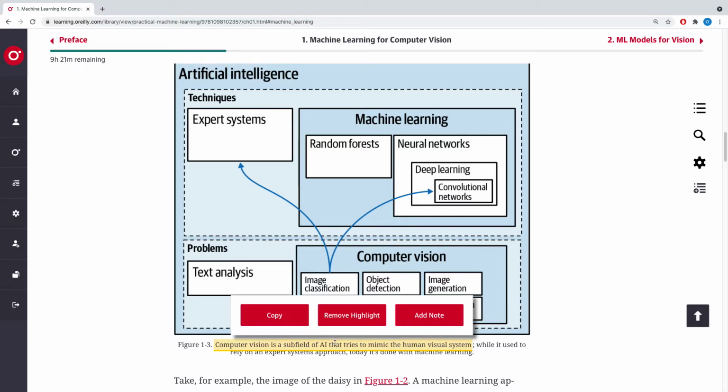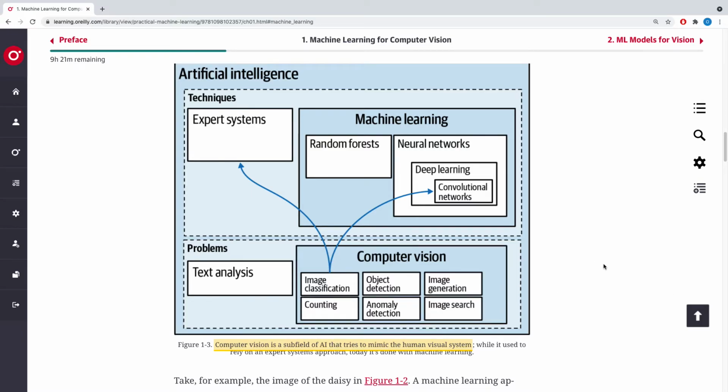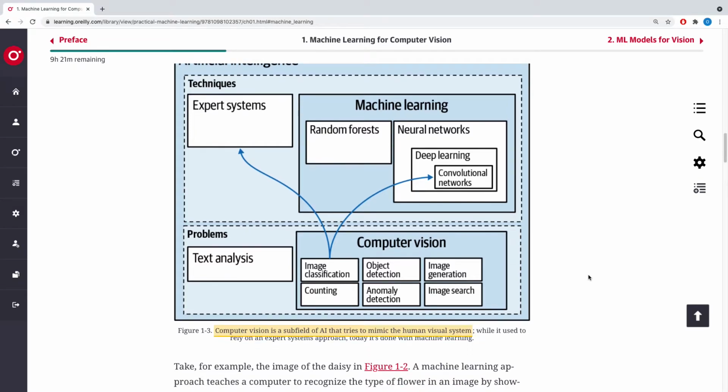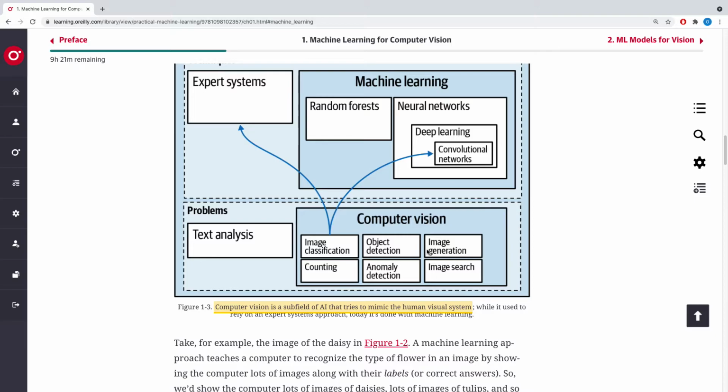Computer vision is a subfield of AI, and what it tries to do is to mimic the human visual system. And there are some important tasks that you see in computer vision: image classification, object detection, image generation, anomaly detection. That's my focus of research at the moment, in counting.